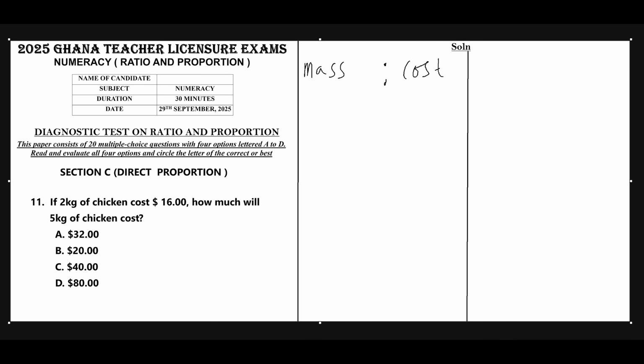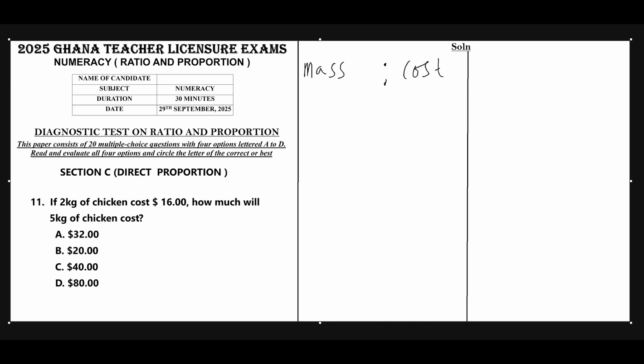So in real life, the mass of a chicken and the cost of a chicken, how do they relate? Let's say you go to the market to buy a chicken. You'll see that when they measure the weight of the chicken and you get a higher mass, then it means that you must pay a higher cost. So a higher mass comes with a higher cost, and a lower mass comes with a lower cost. That is how it works.